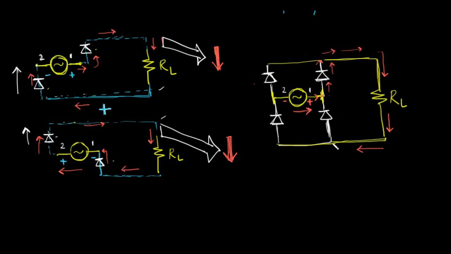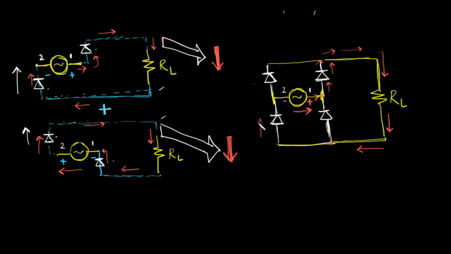Okay, now at this junction, the current again has two roads to go. It can go through this diode or it can go through this diode. First of all, if the current comes out of one terminal of a voltage source, it has to return to the second terminal. So we can guess that the current will go through this one.